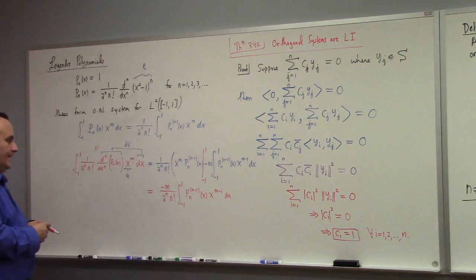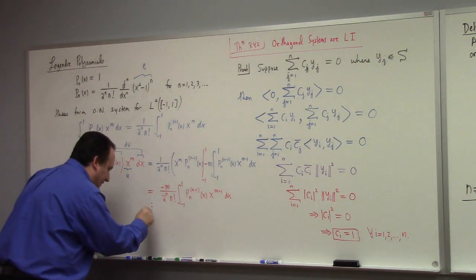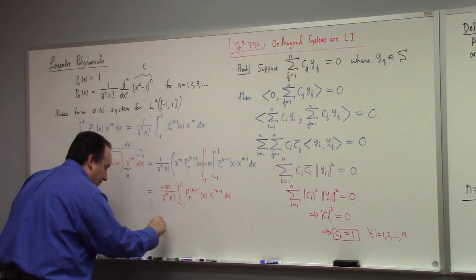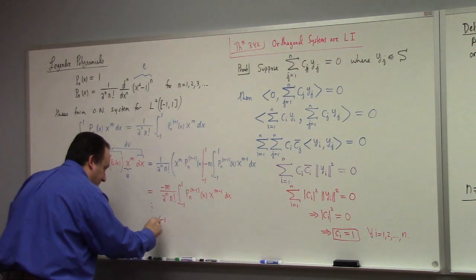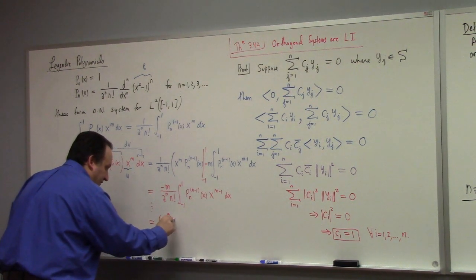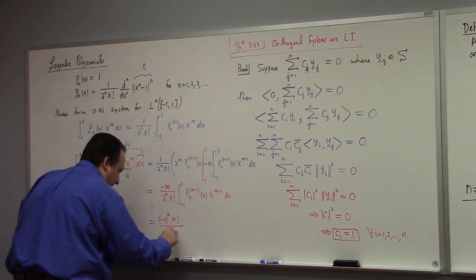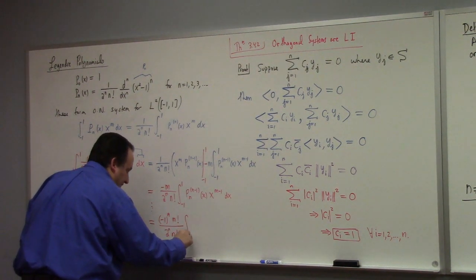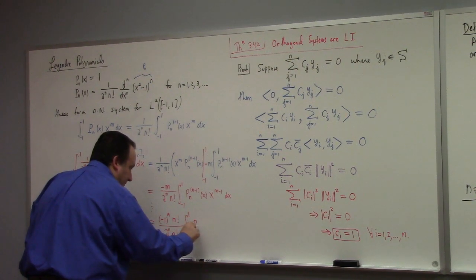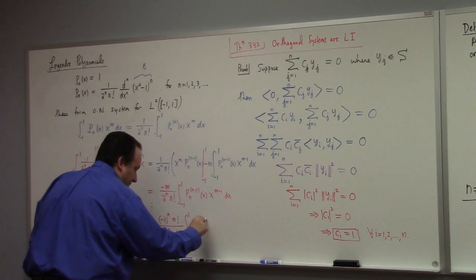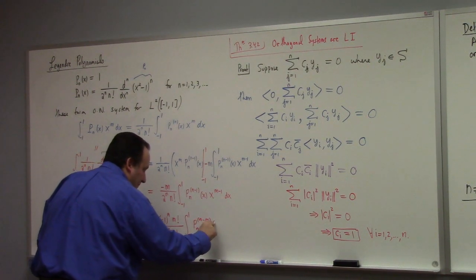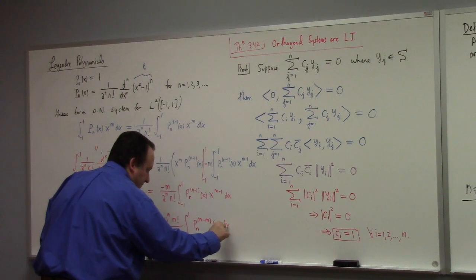And they keep doing that using a recurring formula. So basically, dot, dot, dot, you get minus 1 to the m times m factorial over 2 to the n times n factorial, integral from minus 1 to 1 of the n minus m derivative, dx.